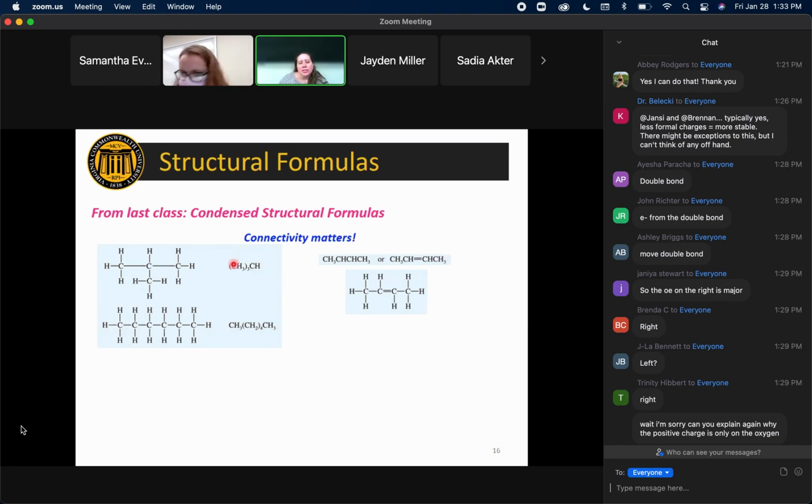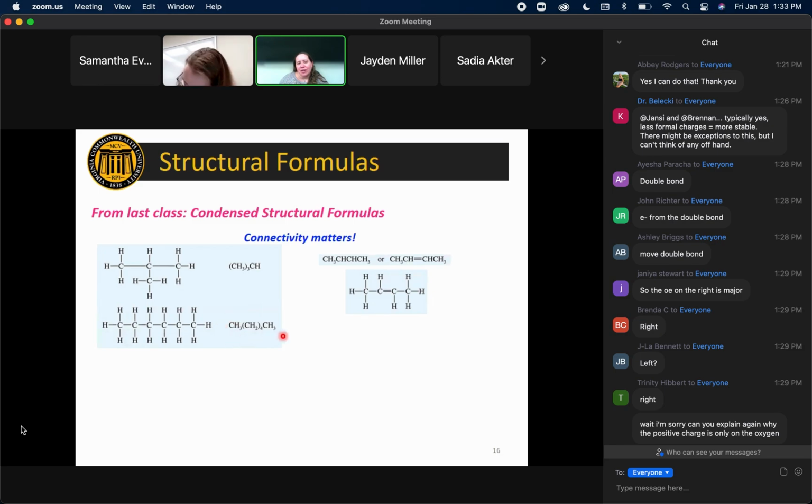The bonds are connected in such a way that these three carbons, because there's CH3 groups and there's three of them, are attached to this carbon next to it. So when you're looking at condensed structural formulas, you can generally assume that the hydrogens you're seeing are attached to whatever the atom is just to the left of it, and that atom is attached to whatever's to the right of those hydrogens.